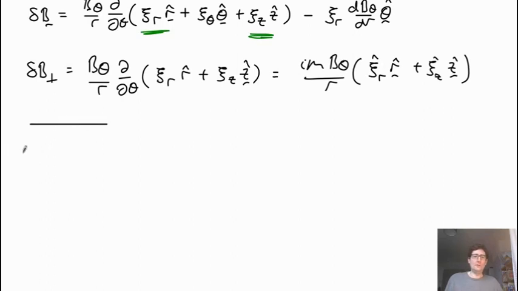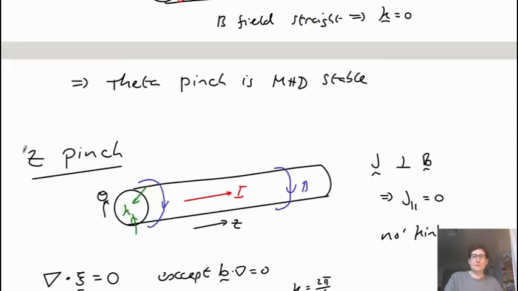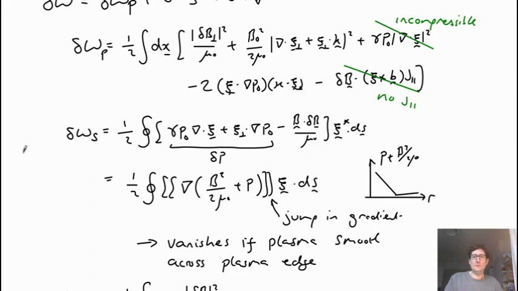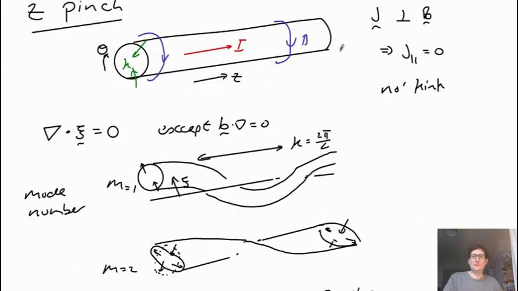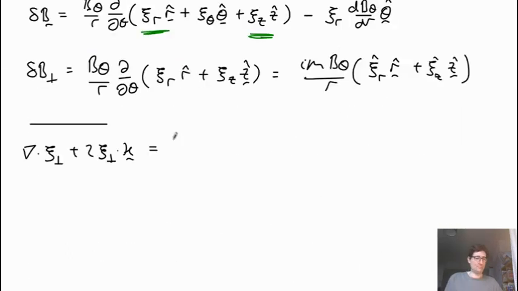If we go to the other term in the equation, the term here in the middle, we have a magnetic compression term: a divergence of xi perpendicular plus xi perp dot kappa. You can calculate what this is. Xi perpendicular is just the r and z components, so you write down the r and z components of the divergence of xi.